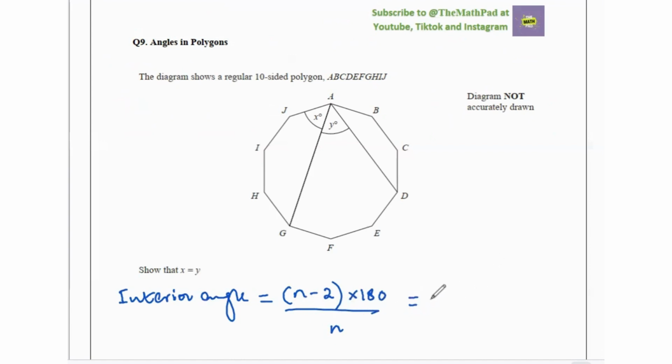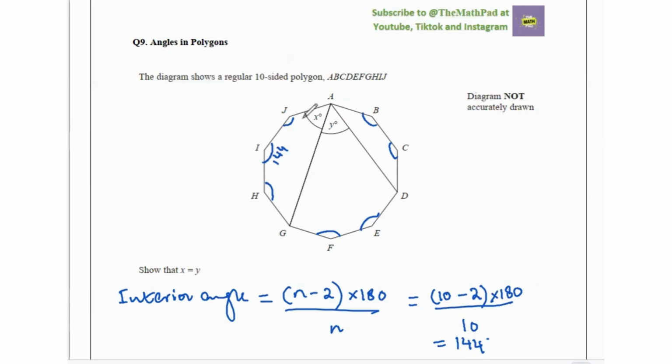So n is 10. So 10 minus 2 divided by 10 and then times 180 over here, which gives us a value of 144 degrees. So which means all of these angles are 144.